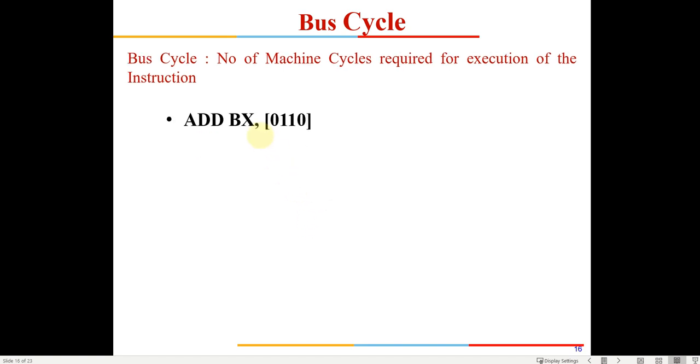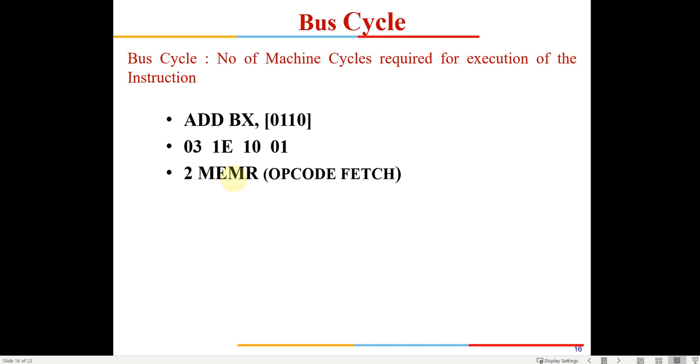Okay, so now we are talking about this operation where we are adding BX with this memory content. So if you see, this is the opcode, so there are two words. So the opcode requires two machine cycles, opcode fetch, right?